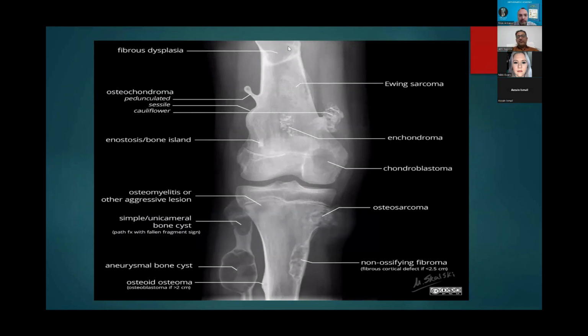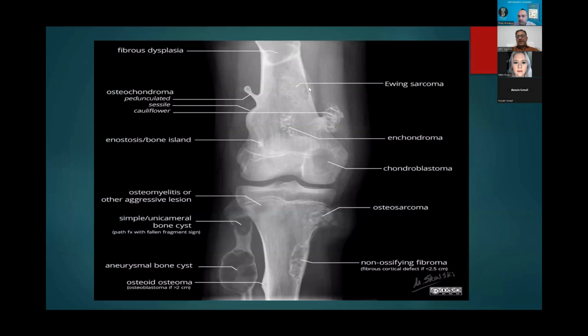So from the top, fibrous dysplasia is a benign lesion in the shaft of the long bone. This is an exostosis, also called an osteochondroma, benign again. This lesion that you see here, which has a moth-eaten appearance of the shaft, is a more aggressive lesion, and we will talk a little bit more about it.